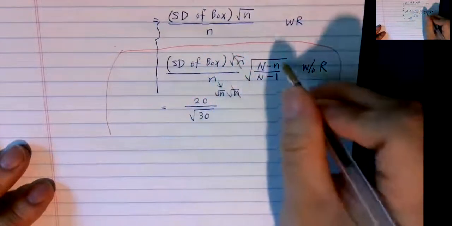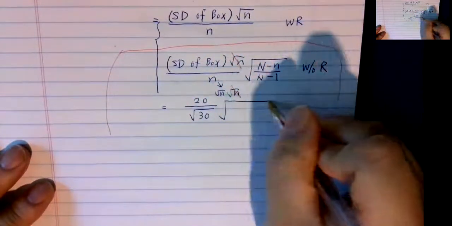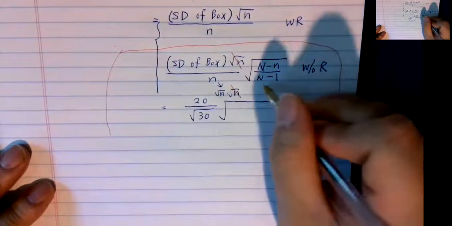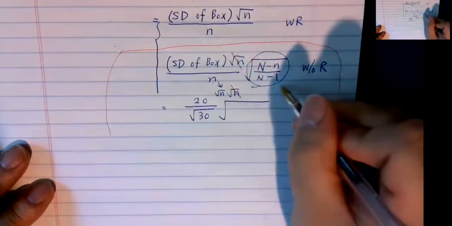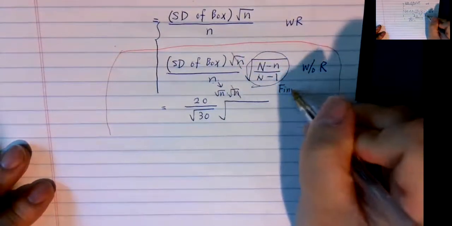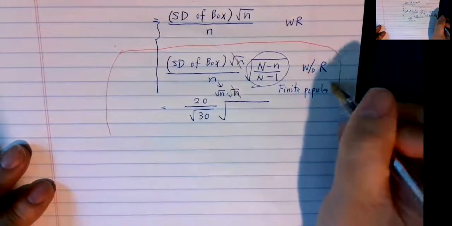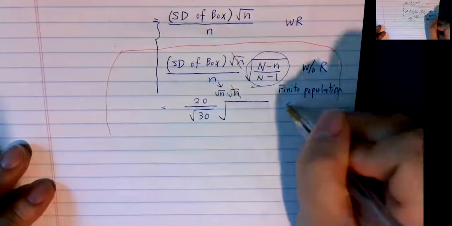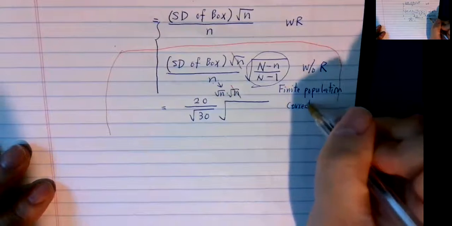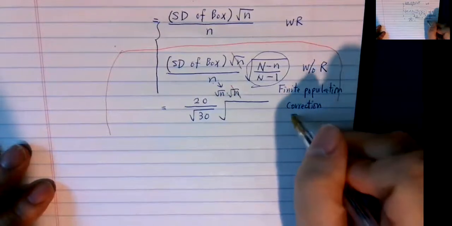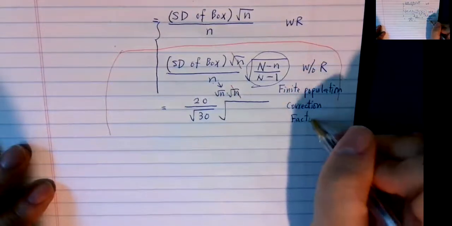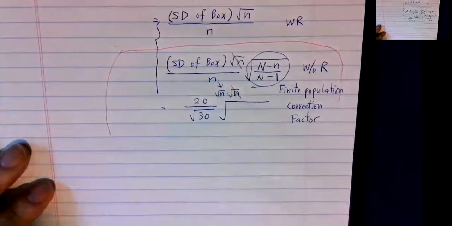Then times the finite population correction factor. You can look at the lecture notes I posted for the previous two weeks and you will find this term.